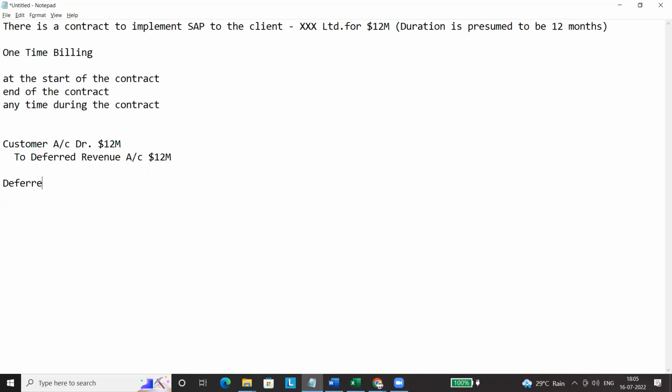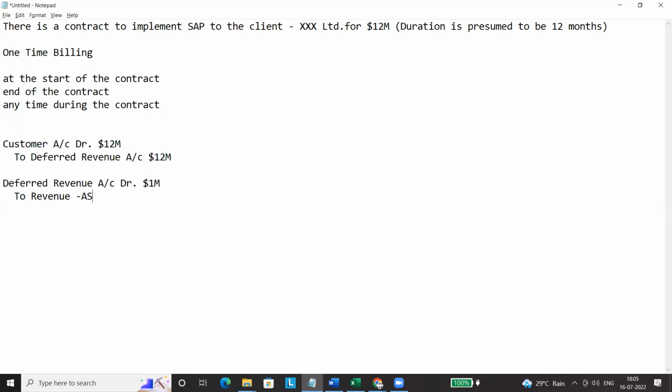So deferred revenue account debit, 1 million to our actual revenue as per ASC 606.